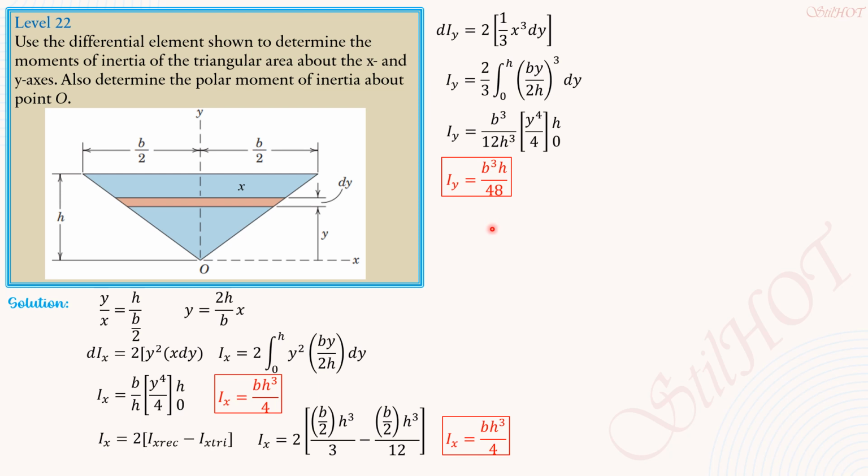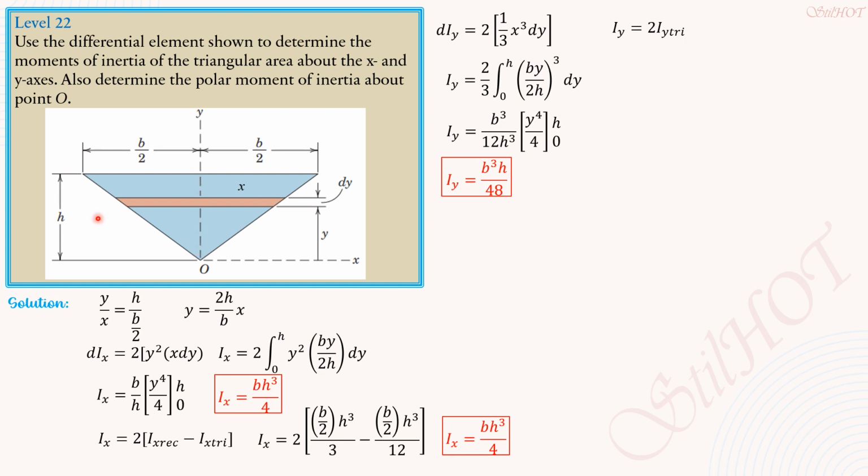Then another way of computing Iy: we have two triangles with respect to the y-axis, and the y-axis is like the base here. The base is h, the height is b over 2, so it's like h times b over 2 cubed over 12, then times 2. So Iy is 2 times Iy of triangle, and the Iy of triangle is the moment of inertia of the triangle with respect to this y-axis.